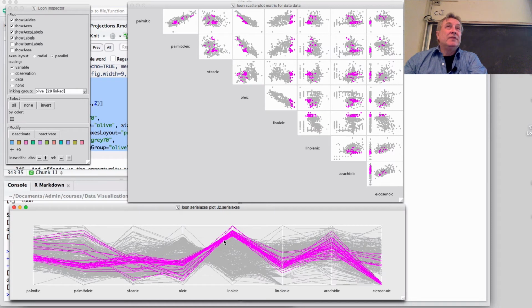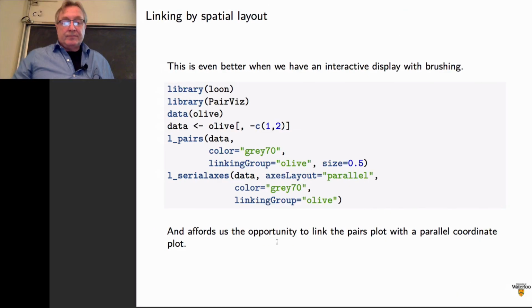And certainly in various competitions, he's been competitive with some automated methods and has outperformed in some cases. So I'm not sure if that answers your question. It depends on the problem, what you're doing. If we were trying to find relationships between these variates, it would be a slightly different thing. You'd be more interested in the correlations and maybe some other measures. But this is classically clustering or classification. So you've seen L underscore serial axes. The only thing I've added here is this L pairs, and that they're shared in the same linking group.